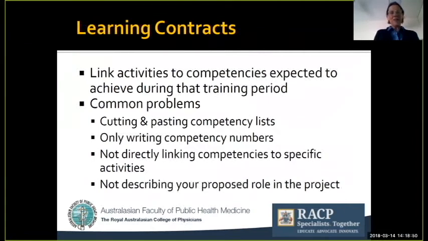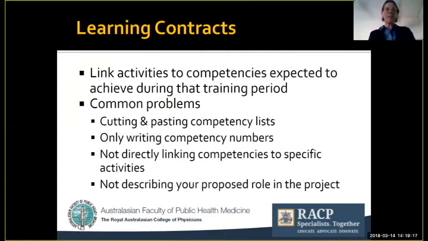It's the training committee that has a look at this, and these are some of the common problems that Tony Gill and the training committee see. Don't just cut and paste competency lists. Really think about what competencies you can cover with whatever activities and projects you're doing. Don't just write the numbers, because that's not really very helpful to the training committee.